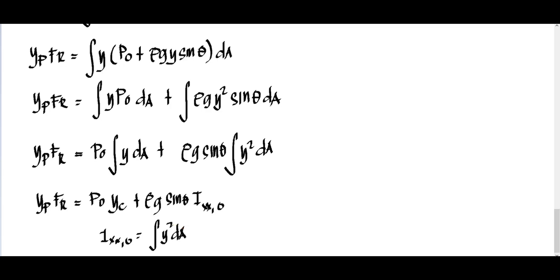The second moment of area, or the moment of inertia about the x-axis, are widely available for common shapes. You can look that up in any engineering handbook, but they are usually given about the axis passing through the centroid of the area. Fortunately, the second moment of area about two parallel axes are related to each other by the parallel axis theorem.